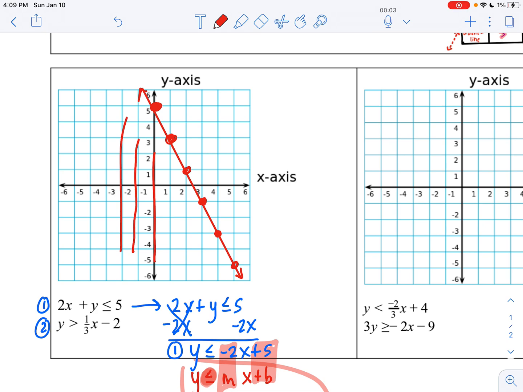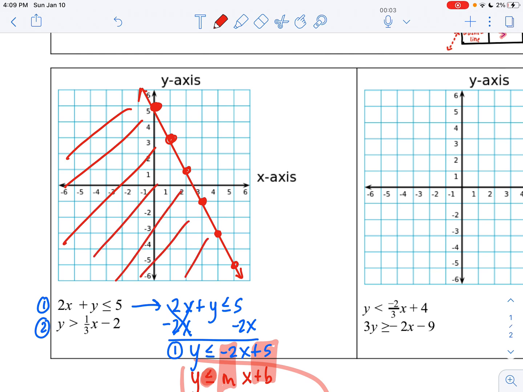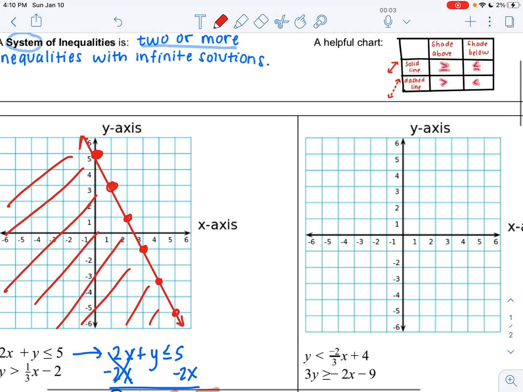It goes negative 3, negative 4, negative 5, negative 6, negative 7, and so on. This means we're going to shade in this direction because this is below the red line. If we shaded in the other direction, it'd be above the red line, because it's getting bigger in that direction. So shade below means shade that way.